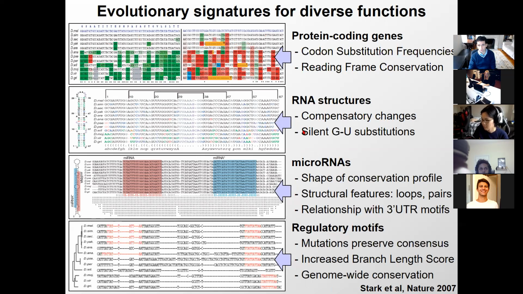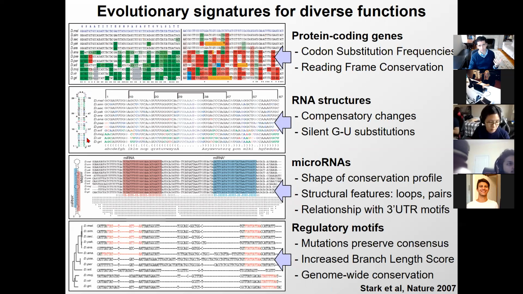We can also talk about evolutionary signatures associated with RNA structure. So here, the function is not at the amino acid level, the function is at the base pairing level. And therefore, those substitutions that change the nucleotide sequence but preserve the pairing will be tolerated. So if you have a substitution that changes a GC base pair into an AT base pair, that's perfectly fine.